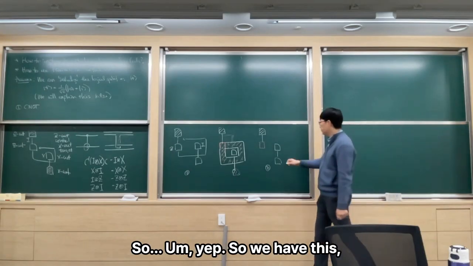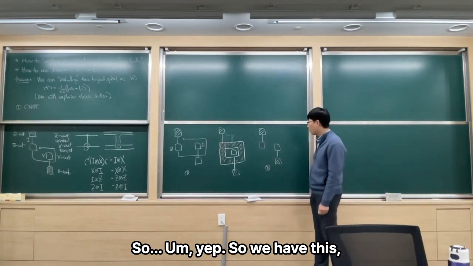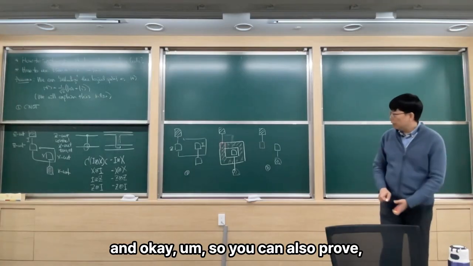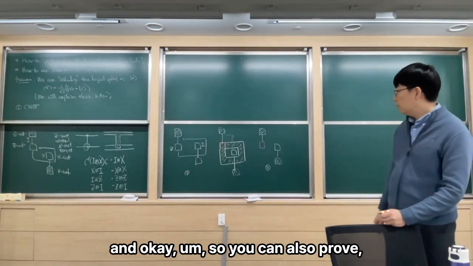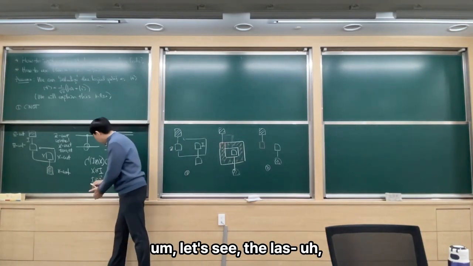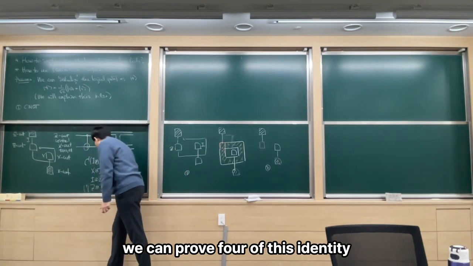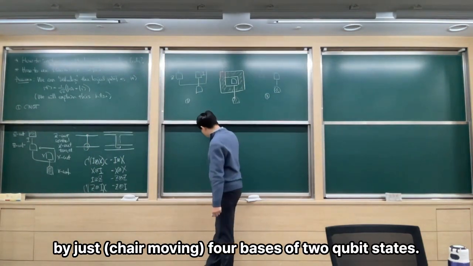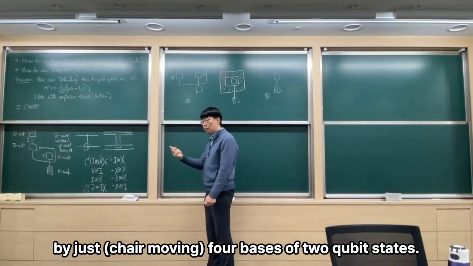Okay, so yeah, we have this. You can also prove the four identities by just checking the four bases of two-qubit states.